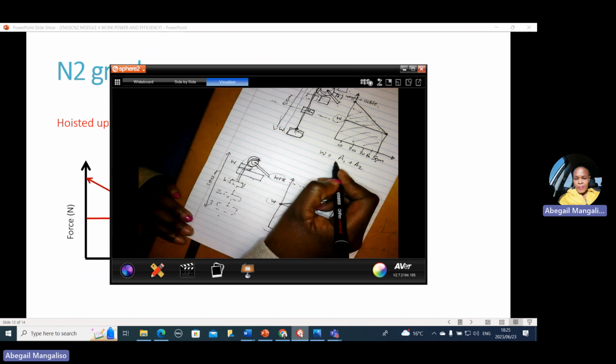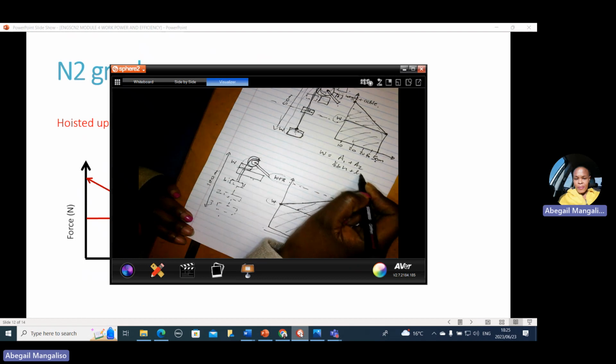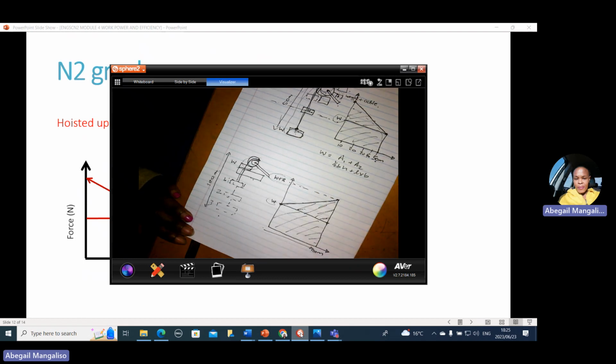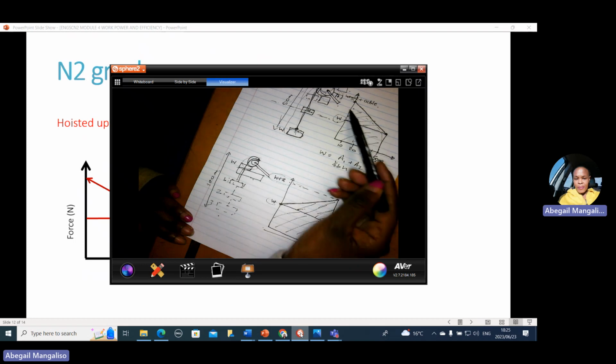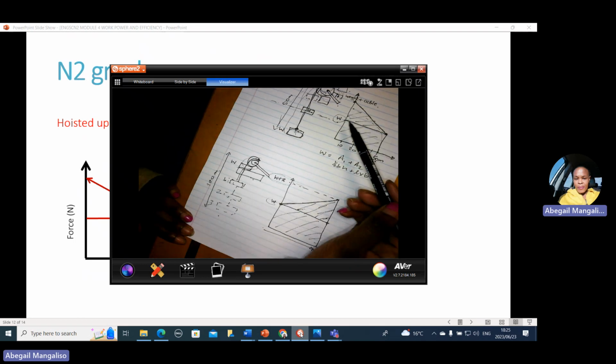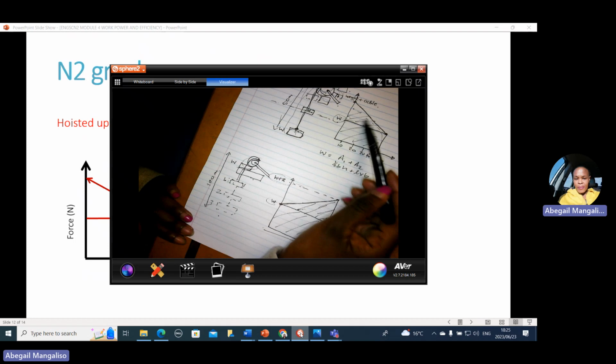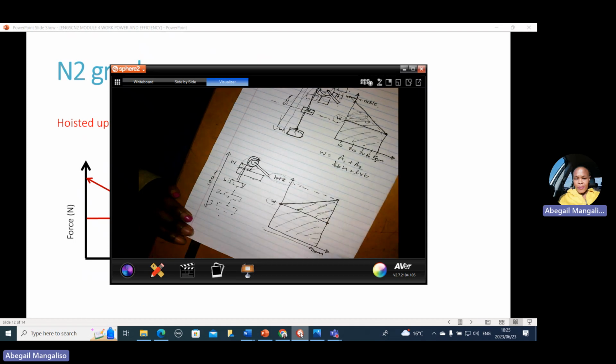And the shape is half times base times height plus L times B. Unless the question says calculate for the cable alone or calculate for the load alone, you're only going to focus on the area under the cable alone.